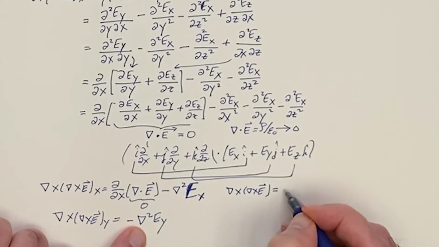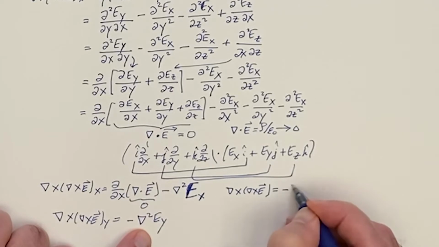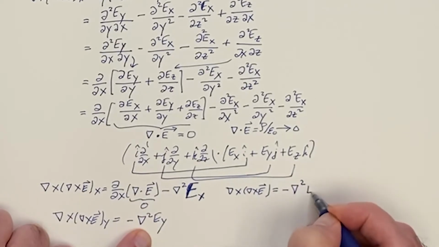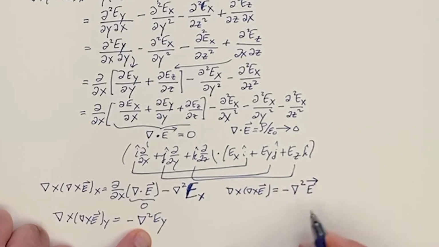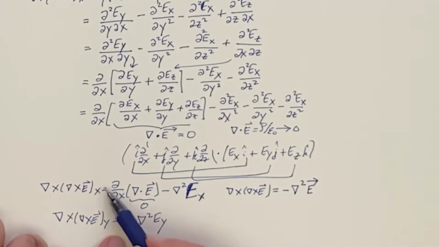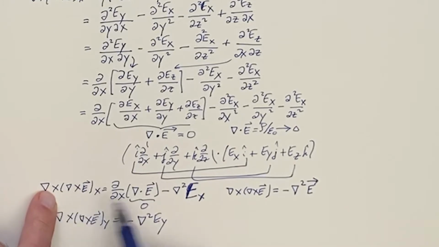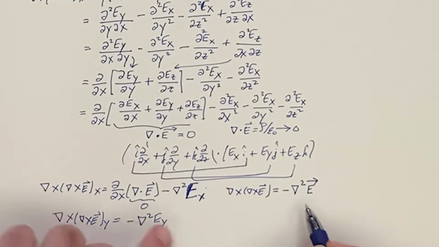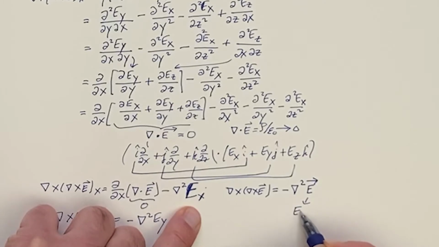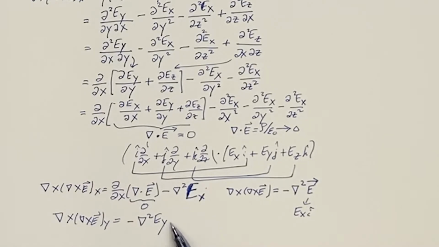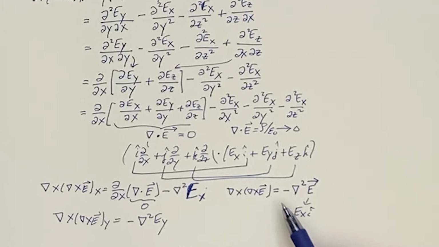This is really going to be equal to a minus del squared operating on each of the components x, y, and z. We're putting in the i hat, the j hat, and the k hat. The Ex goes with the i hat, and then the j hat goes with the next one. So basically that is your answer.